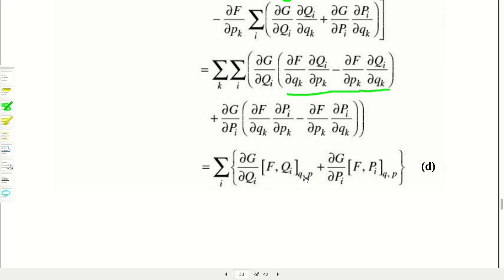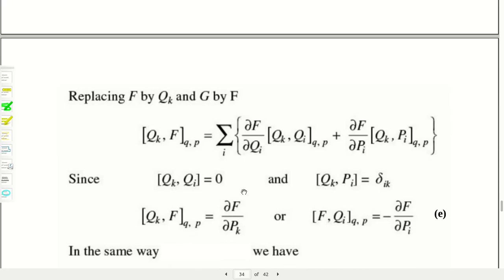We have shown at the very beginning of this lecture that the {q_k, q_i} Poisson bracket is 0. We showed it in the old coordinate system, but in the new coordinate system it will also follow the same thing, and this will give you 0. It is written here that {Q_k, Q_i} is 0, and {Q_k, P_i} is nothing but delta_ij, canonical delta_ik.